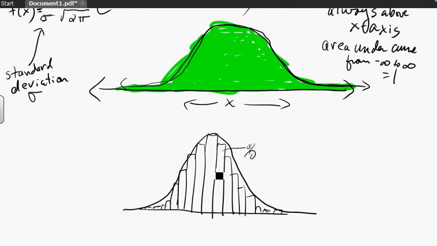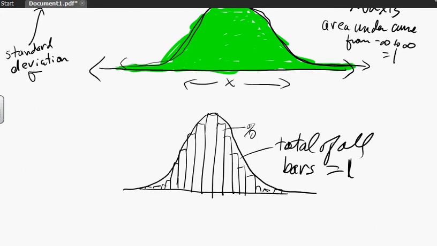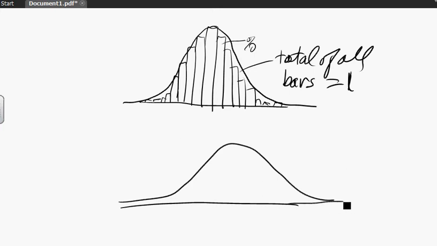So these bars are all percentages, and when you add up the total of all these bars, it has to add to 1. So they're going to have to be proportions, percentages, in order to make this work. Okay? Now, some other qualities of this distribution, besides it kind of looking like that, and I'll keep making more of these, and they don't all look real good, sorry.